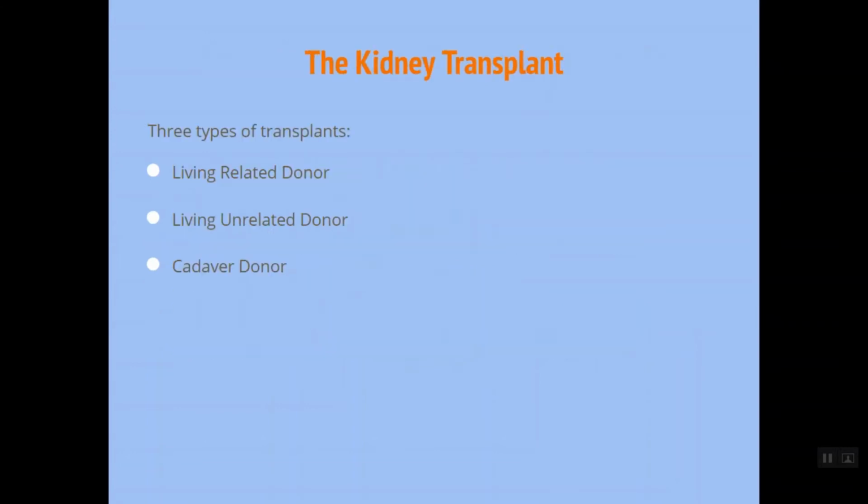So here at our hospital, we do 3 types of transplants. We do living related kidney transplants, we do living unrelated kidney transplants, and we do cadaver donor kidney transplants. So a living related donor would be somebody who is directly related to the patient by blood.